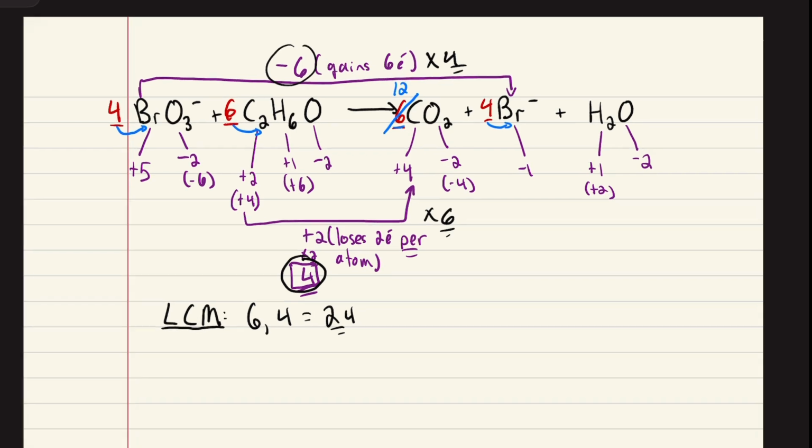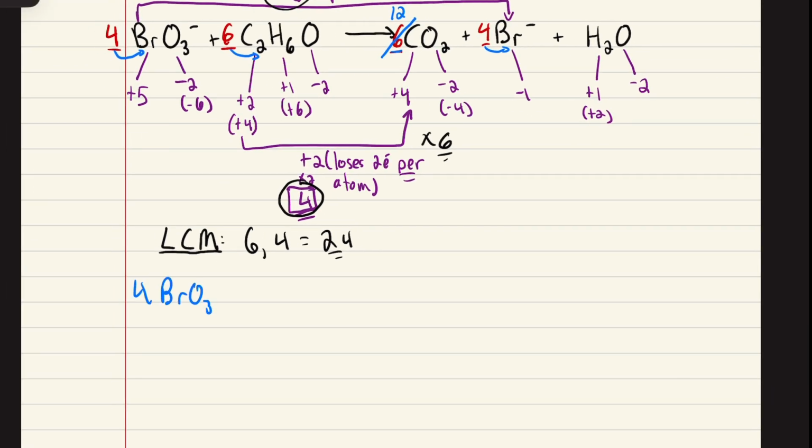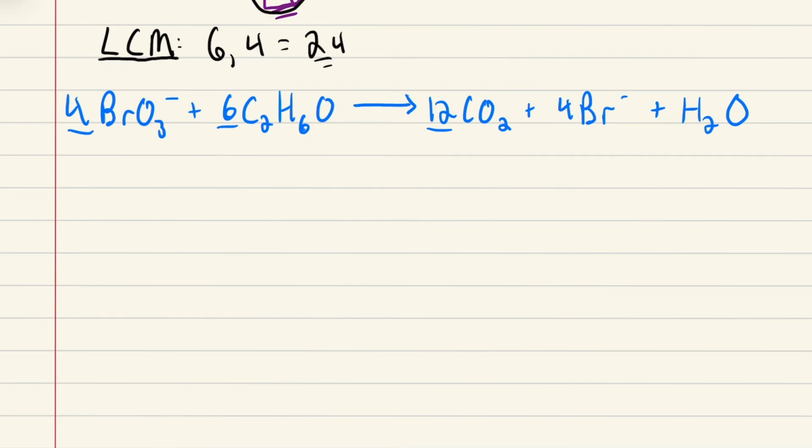And I'll write it in blue below. And then unfortunately at this point, we can't retreat to waters and H+ and OH- to balance the hydrogens and oxygens. So we're just going to have to play with numbers here and keep working at it until it works out.